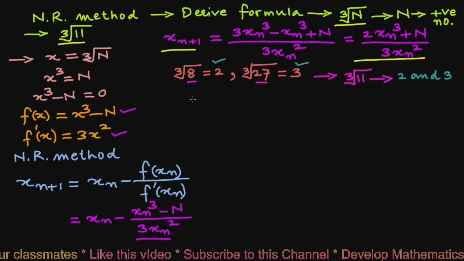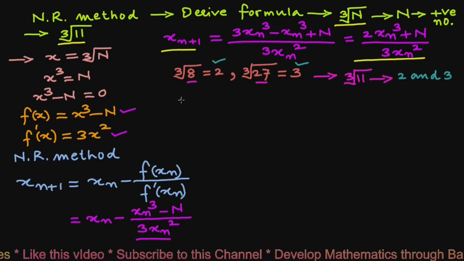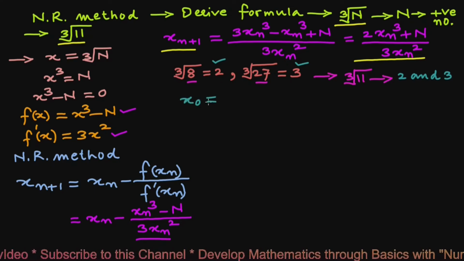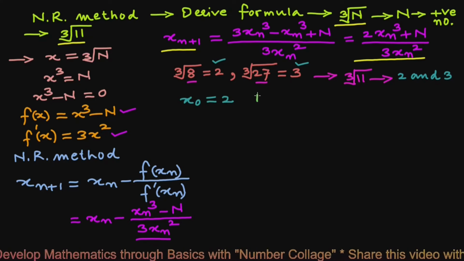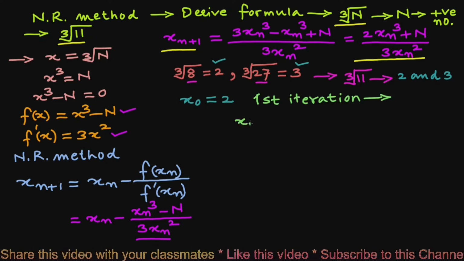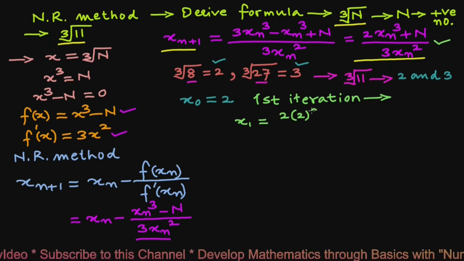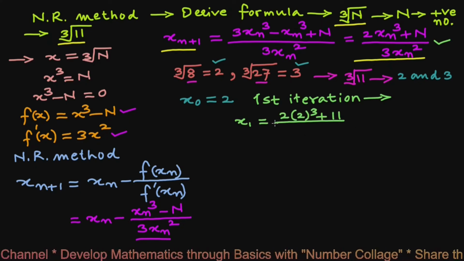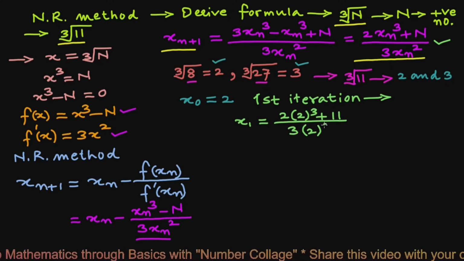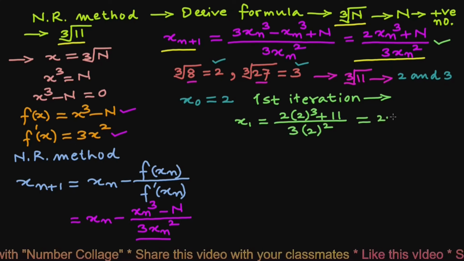Now we will start by assuming the base root or the initial root x0 equals 2. So the first iteration will be x1 equals from this 2 into 2 cube plus 11 upon 3 into 2 square. This works out 2.25.